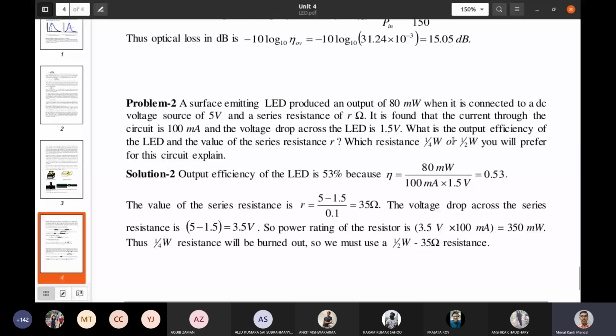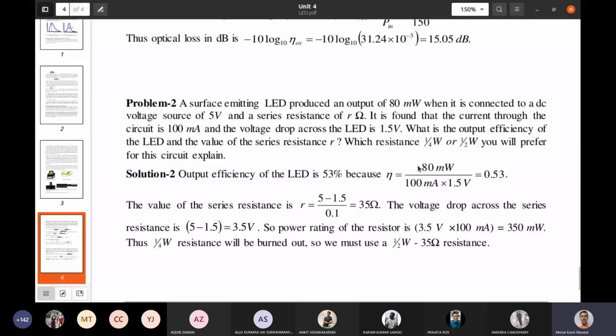for this circuit? Now the output efficiency of the LED is eta, equal to 80 milliwatt divided by voltage times current, that is 0.53, or 53%.